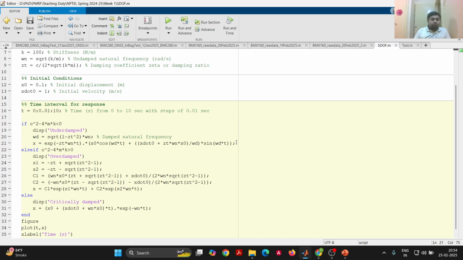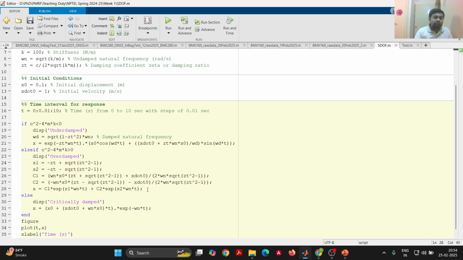Now if this statement was not true, it will go to the next statement, the else if case, where it checks for the other case, where c square minus 4mk is positive. Then it will calculate the response as per the overdamped case.